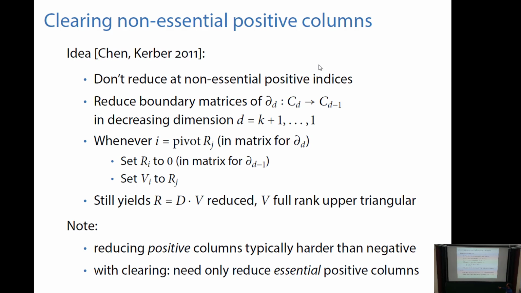And with clearing, you're only left to reduce essential positive columns, and if you compute the Rips complex all the way through the parameter range, then there's only one essential class in dimension 0 even. So there's very little hard work left to be done when you apply this. But I said it's not enough to just consider this clearing, right?